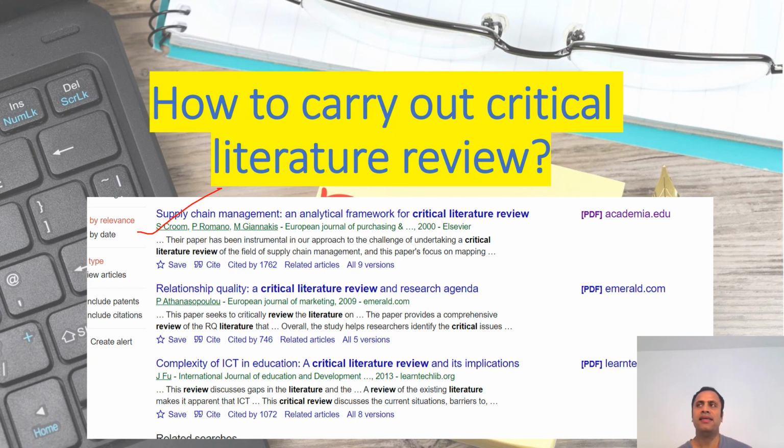In a similar way, many articles are available wherein the journals have published articles which have carried out critical literature review. So, what is a critical literature review and how it can be conducted, we would discuss in the next slide.